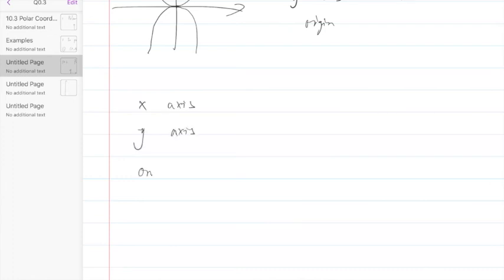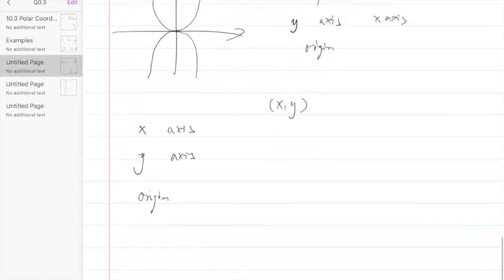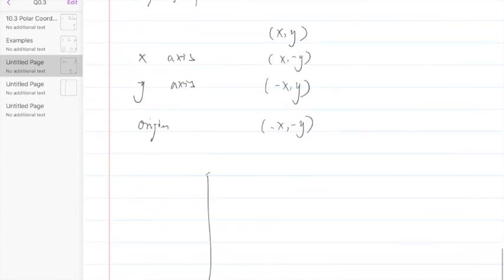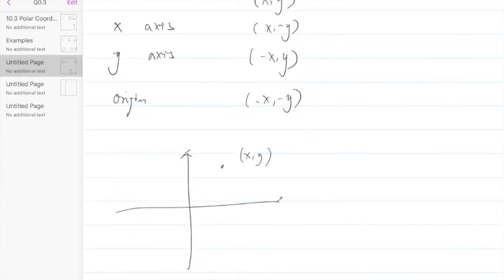So we have these three types of symmetries. Let's list them here. We have with respect to the x-axis, y-axis, and the origin. So if you have x and y to reflect over the x-axis, you simply think about it, x, negative y. Okay. If you have the y-axis, you simply take negative x, y. And for the origin, you take negative x and negative y.